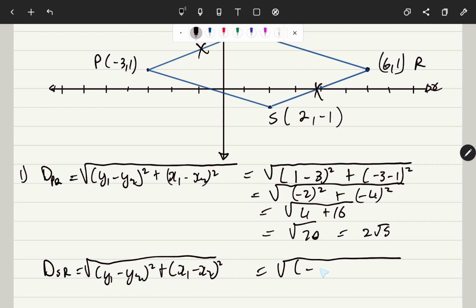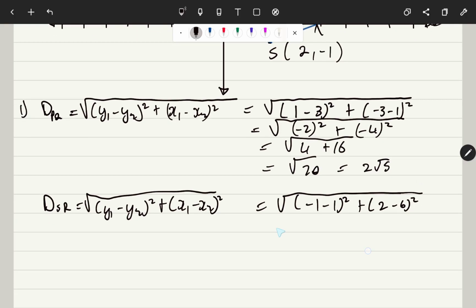Y1, I'll take it from S, -1 squared plus -6 squared, then that's -2 squared plus -4 squared.